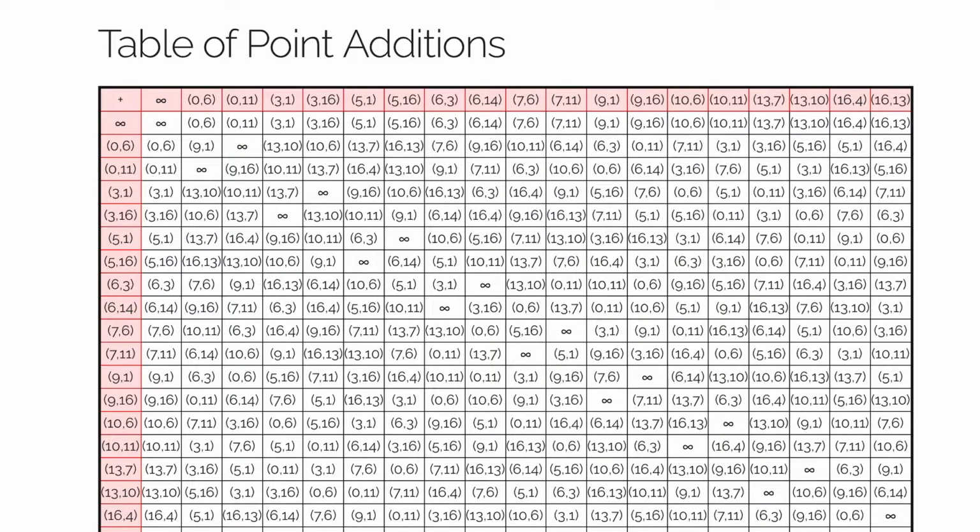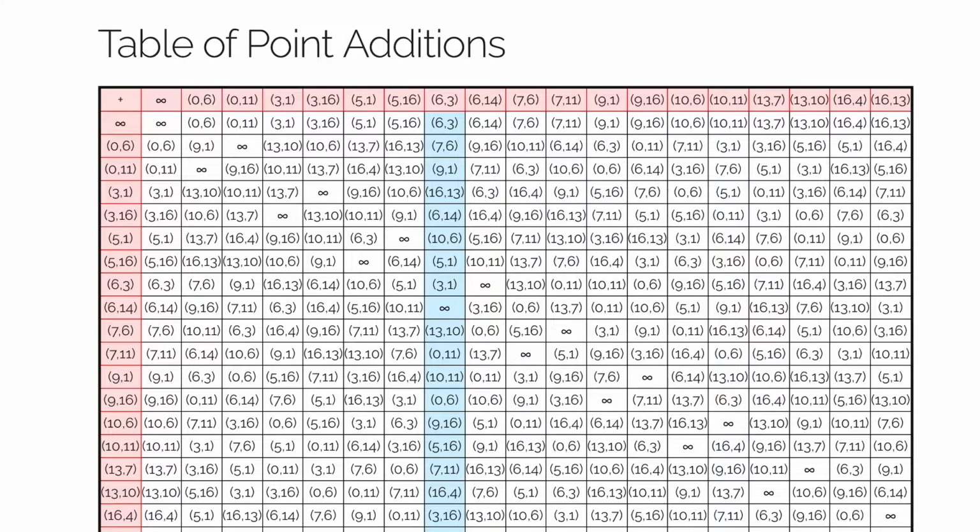These numbers in red are the labels which have the point values that you would want to add. If I want to add (5, 1) and (6, 3), I could use (5, 1) as this row label, and then (6, 3) I could choose as this column. One point has to be the column label and one point has to be the row label.